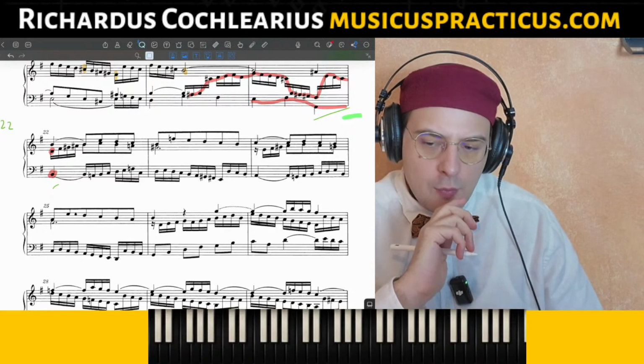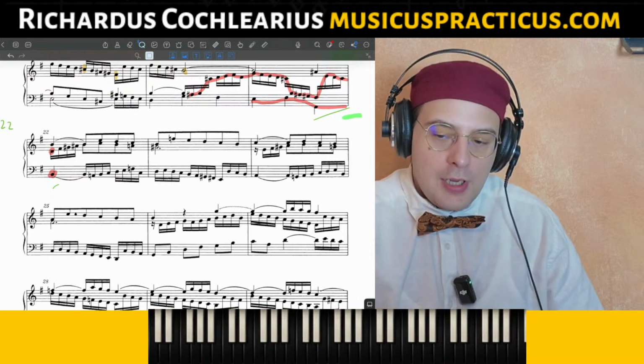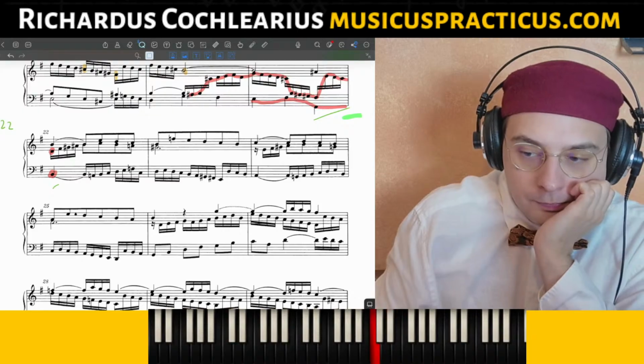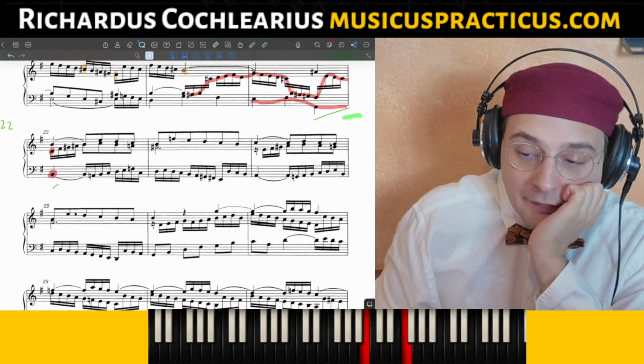Now, what I'd like to identify is if this melody is something in augmentation. We have an ascending fifth.